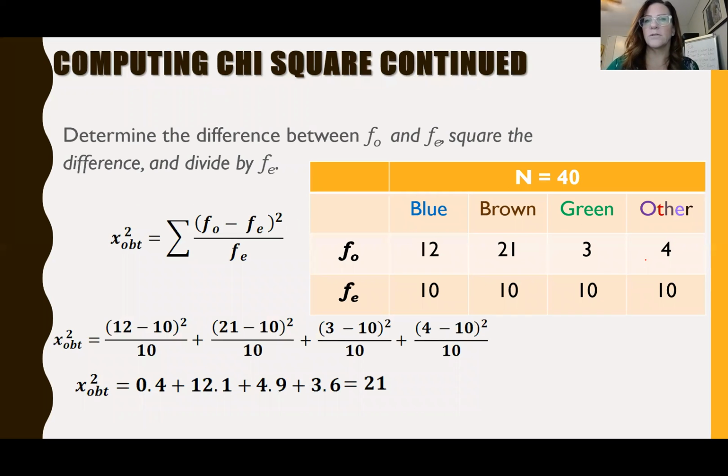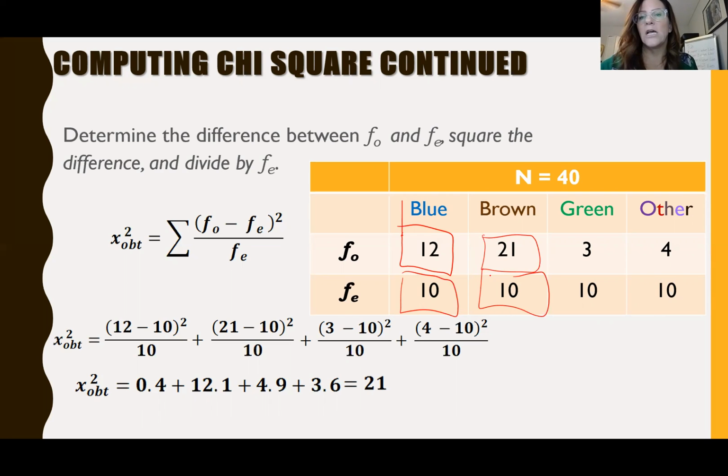So here's what it looks like. We're going to focus on cell 1. Cell 1 of observed frequencies is 12. It has an expected frequency of 10. So we do 12 minus 10 squared divided by 10, and then we focus on the next observed frequency.